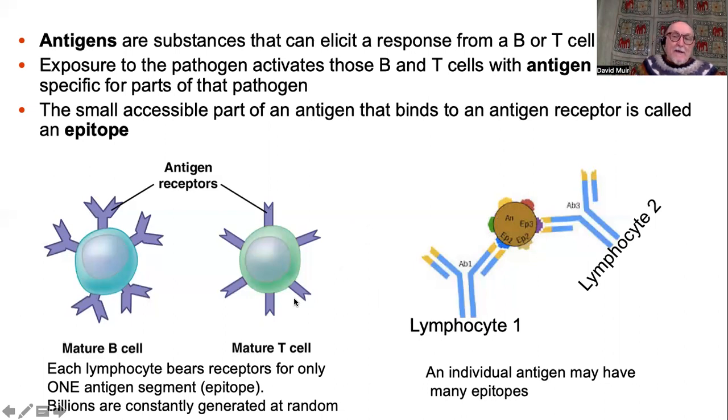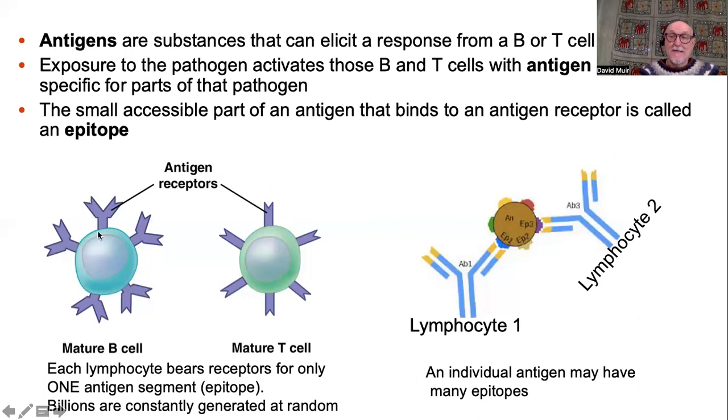Here's an important thing. We said that one of the things about the adaptive immune system is that it produces antibody. It produces antibody in response to the presence of antigen. The antibody is nothing more than a soluble form of this B cell receptor, okay?